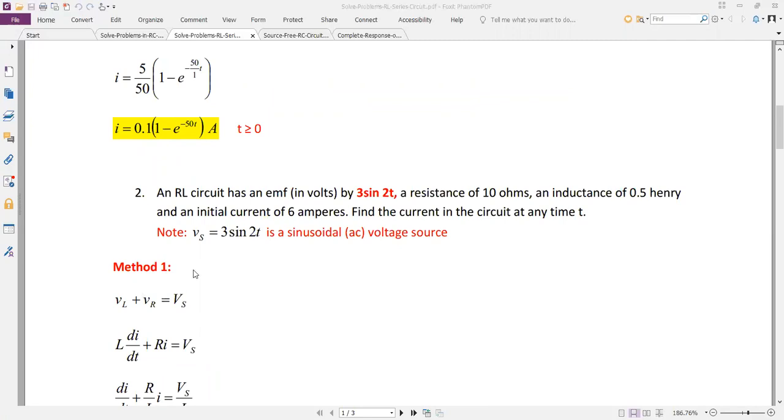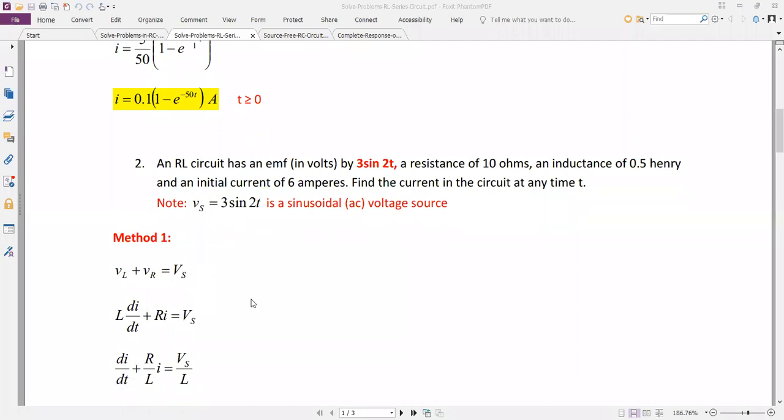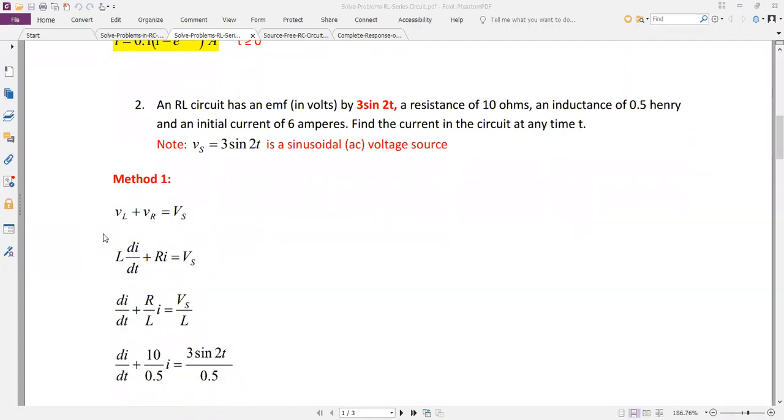It's noted again that your voltage is a sinusoidal AC voltage source, 3 sine 2t. Again, the ever fundamental equation of KVL: the voltage drops across your inductor and your resistor should equal the voltage across your circuit, and that is your 3 sine 2t.